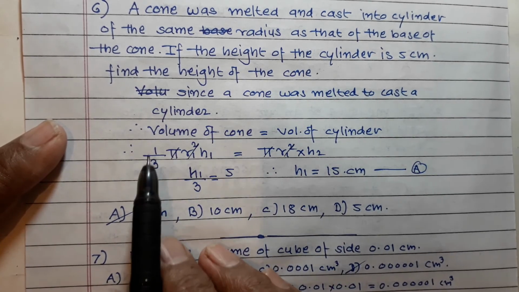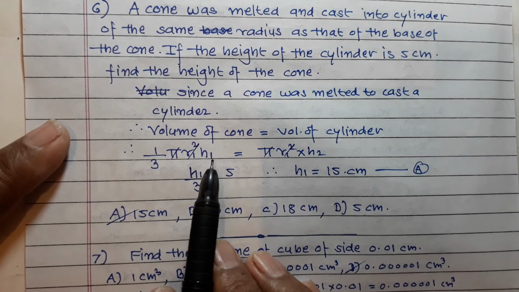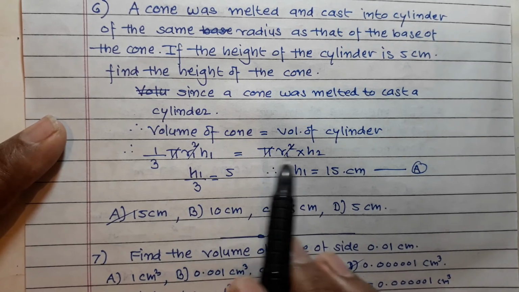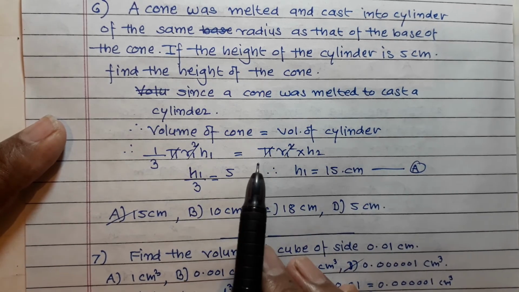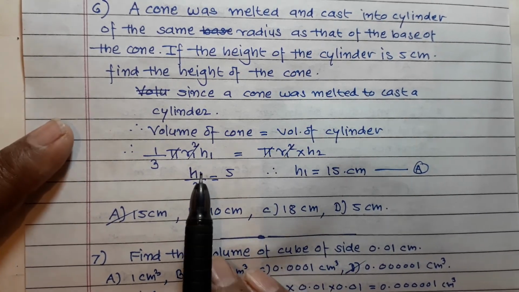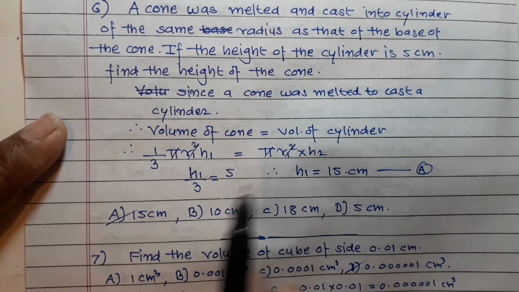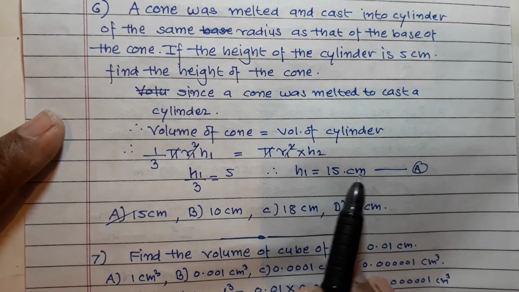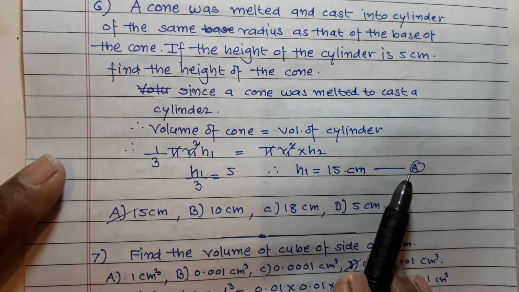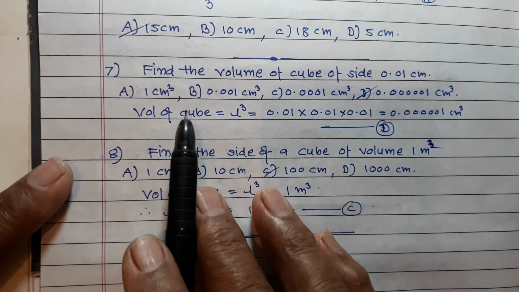So volume of cone is equal to 1 upon 3 pi r1 square h1, is equal to pi r1 square into h2. Radii are equal, and therefore h1 upon 3 is equal to 5, and therefore h1 is equal to 15 centimeter. Alternative A.